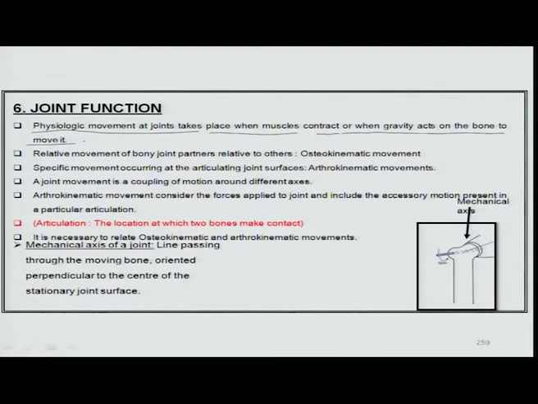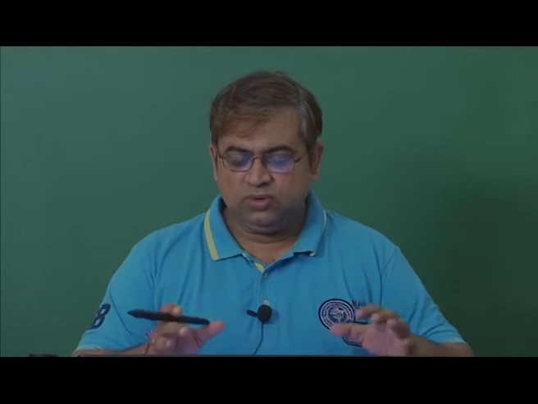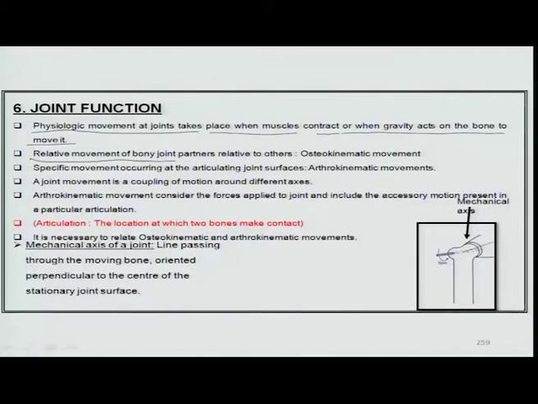You have to understand there is a knitted structure of the muscles and the bones, so if the muscles produce enough force to lift one bone upwardly with respect to another, there is some gliding across the bone to bone interface, but mostly the muscle is giving all the force. The relative motion of the bony joint partners relative to each other is typically referred to as the osteokinematic movement, and the specific movements occurring in the articulating joint surfaces because of such motions.